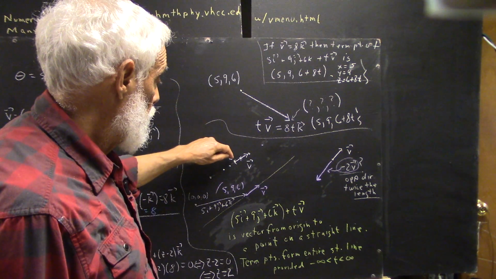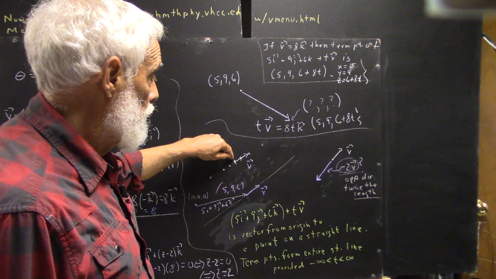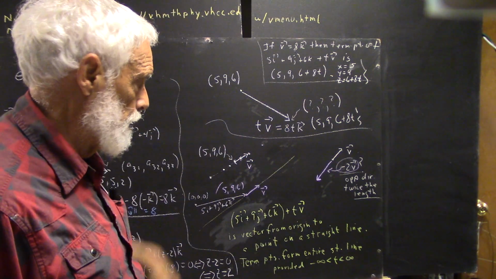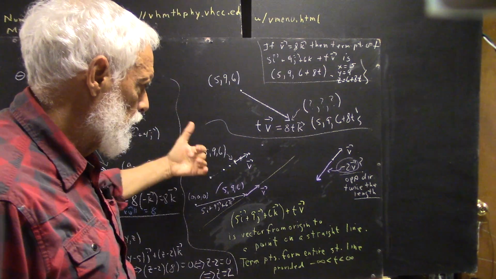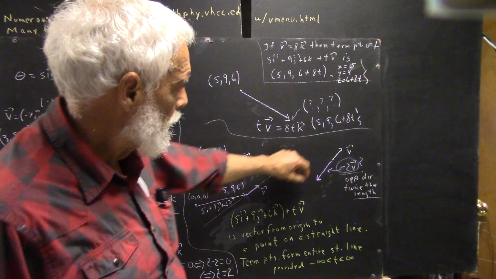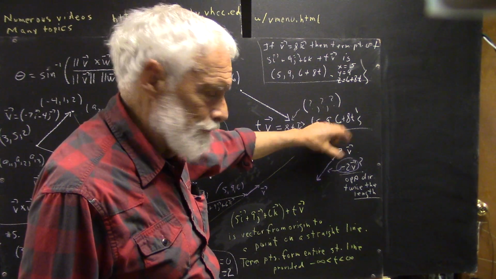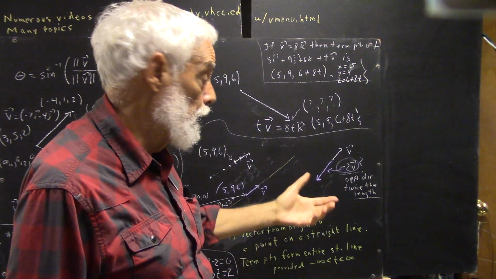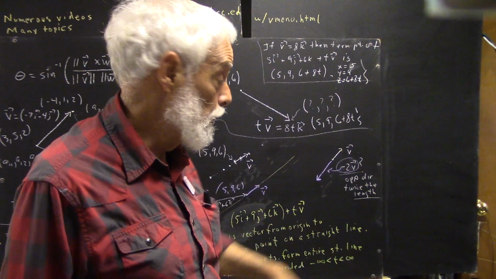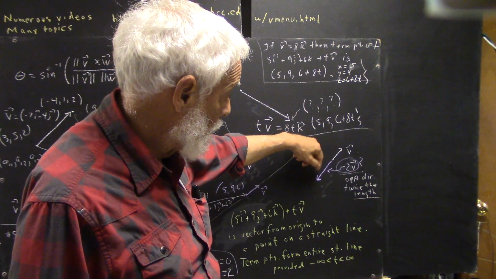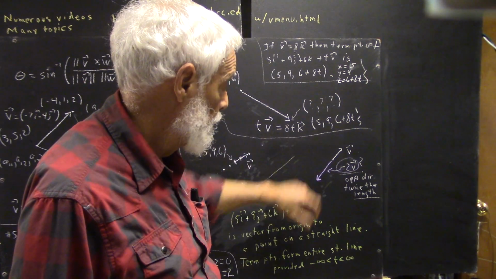I asked you to indicate the point that we would be at if our initial point was this point, and our vector was negative 2V. So what's negative 2V look like if V looks like this? Well, here's our vector V, and it's a vector that's got twice the magnitude in the opposite direction. Everybody should know that. So we simply draw a vector of twice the magnitude in the opposite direction.